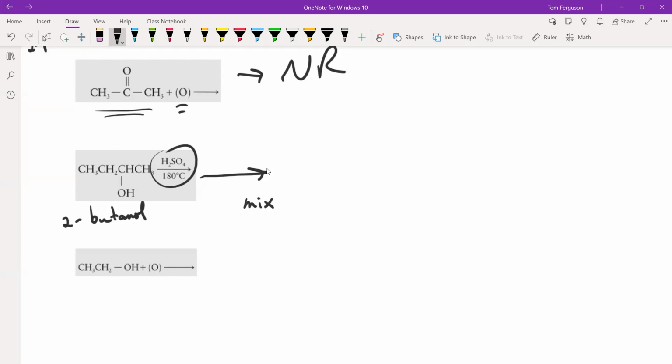Basically, we get a double bond on either side of the OH group. So if we draw this, the alcohol is there.